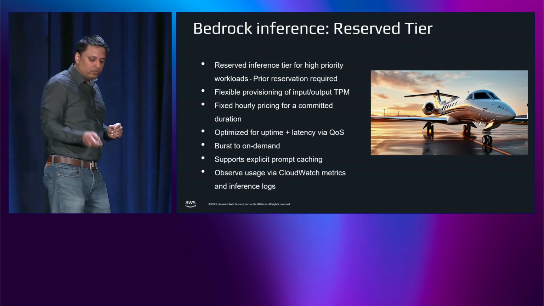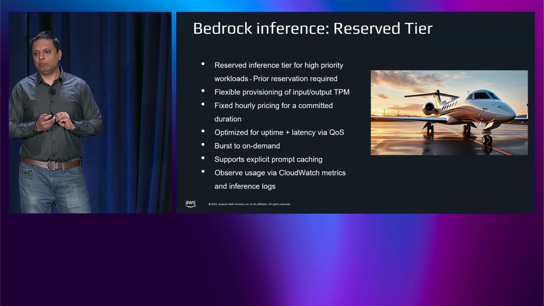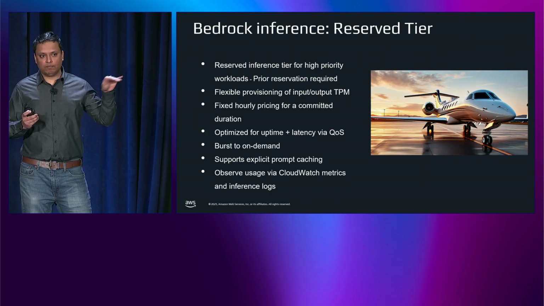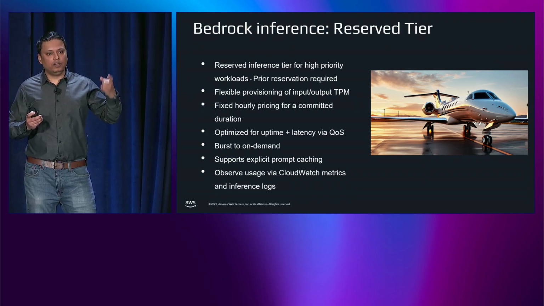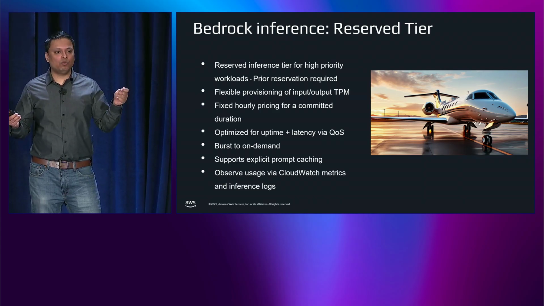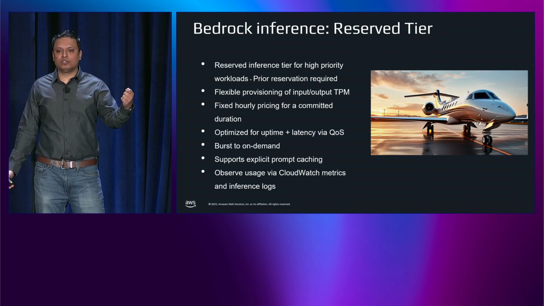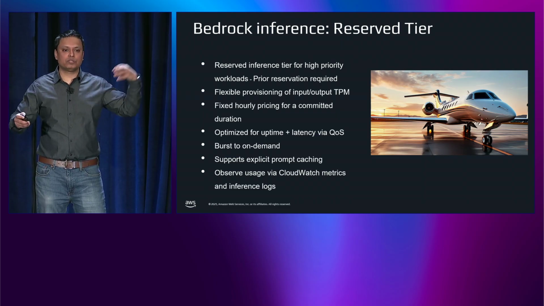And then you can observe the usage via CloudWatch. Now, there are a few things to keep in mind here. The first one is you are reserving for a certain threshold. When it spills over, it is automatically served with standard processing. So in CloudWatch, you may want to see, okay, I sent 1 million tokens in this given minute. How many were served with reserved tier?